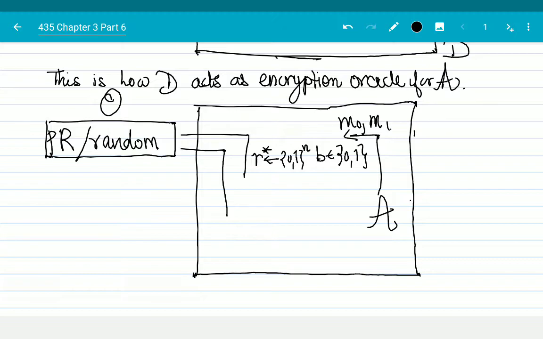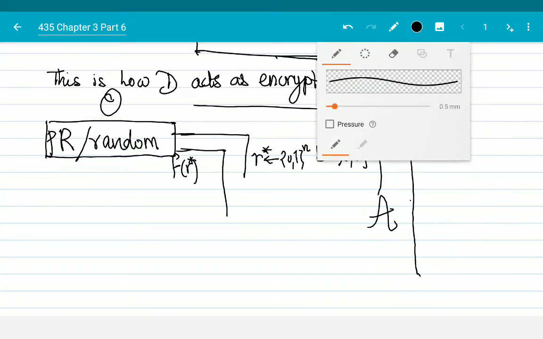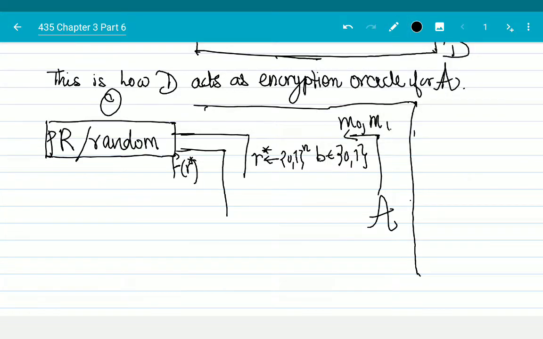It is fed to the random oracle, and the random or pseudo-random oracle is going to output f_r star, right? So you get an f_r star from the random or pseudo-random oracle.